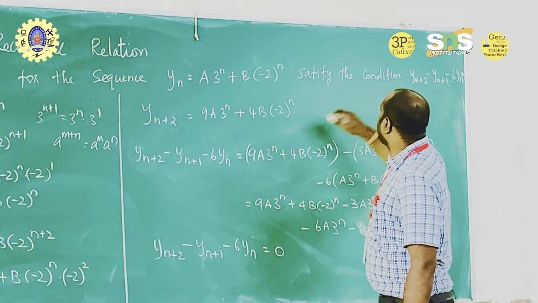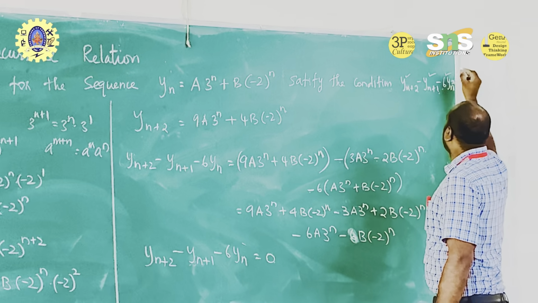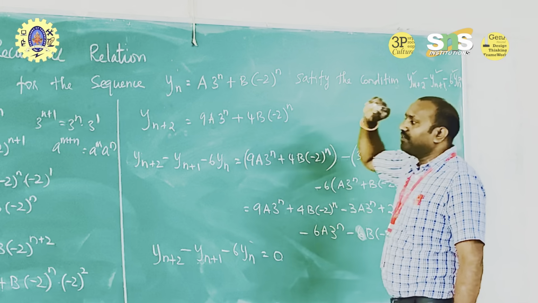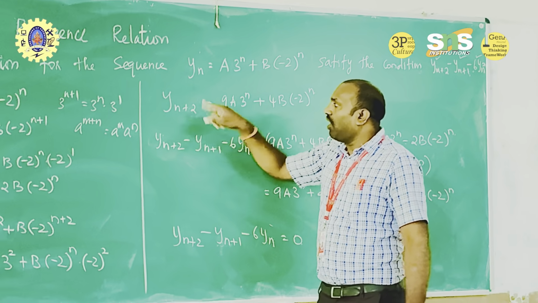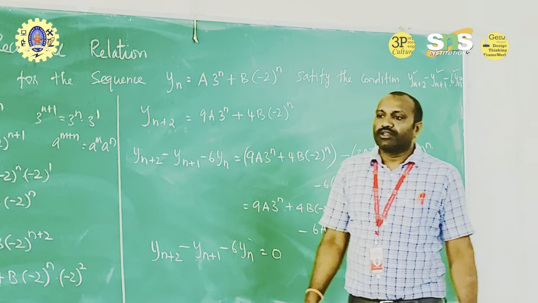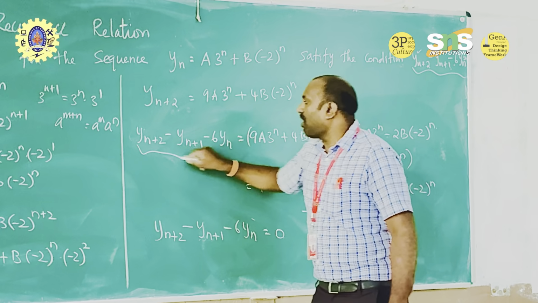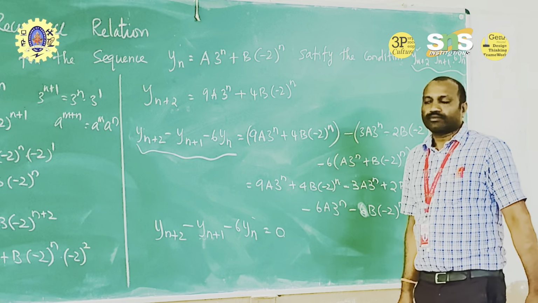So the condition is y(n+2) - y(n+1) - 6yn = 0. We have found yn, y(n+1) and y(n+2), so now we subtract all the values.